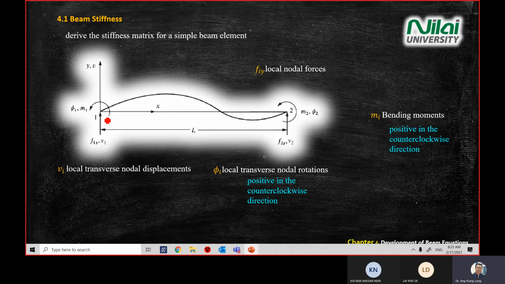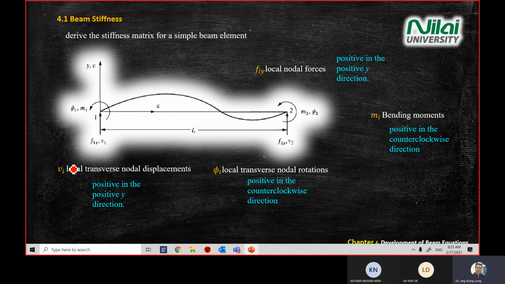However, for transverse, we will follow the axis. Force also, we will follow the axis. The local nodal force, we will follow the y-axis, where if it's going up along the y-axis, vertical, we will have positive.